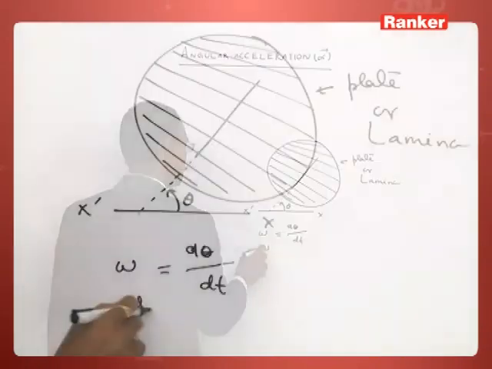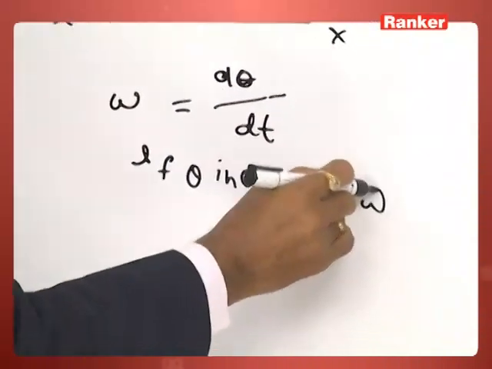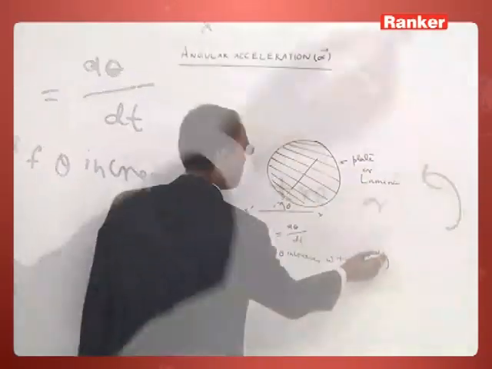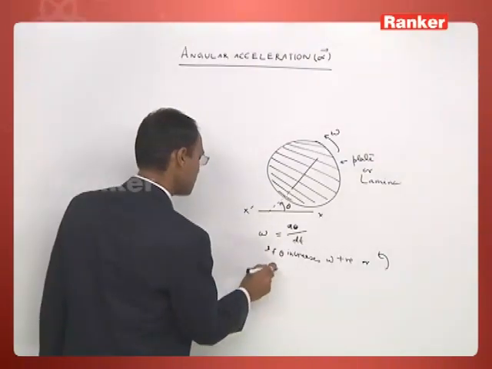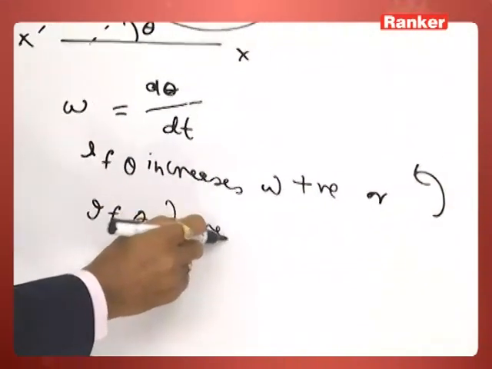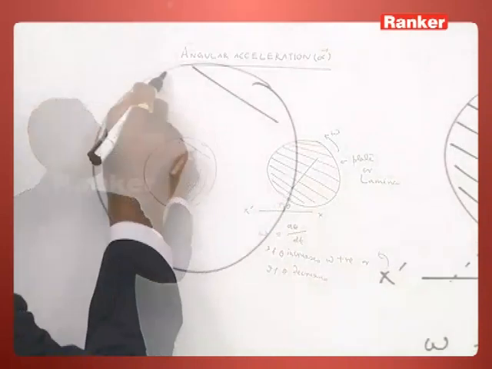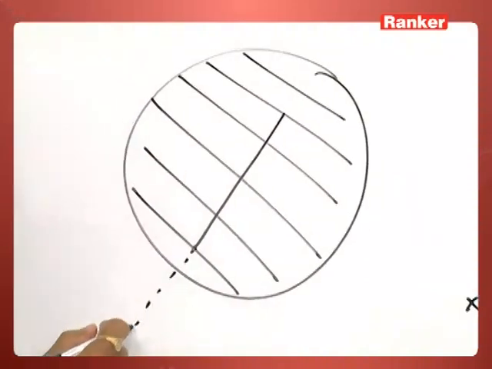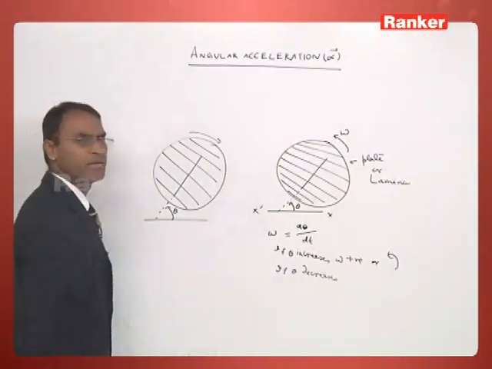If theta increases, omega is positive. Positive omega means anticlockwise rotation. If theta decreases, the body will have to rotate in this way.